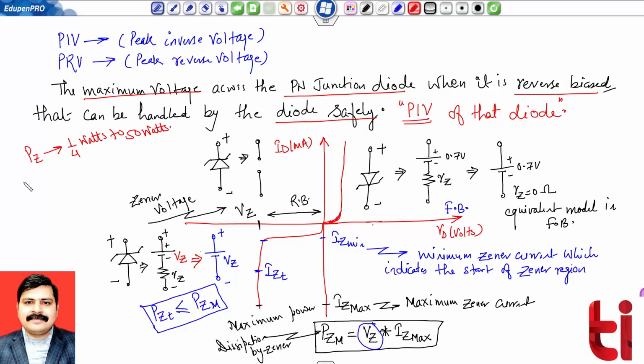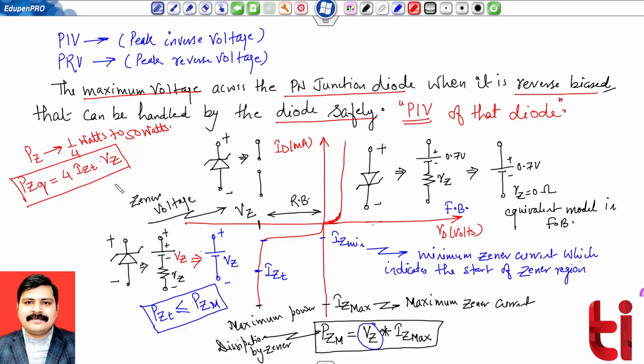So if one has to calculate this quarter watt power, then PZ, I am just writing Q over here as notation, quarter watt power. So it will be 4 IZT, that is the testing current, multiplied by Vz. One can easily calculate by this parameter.